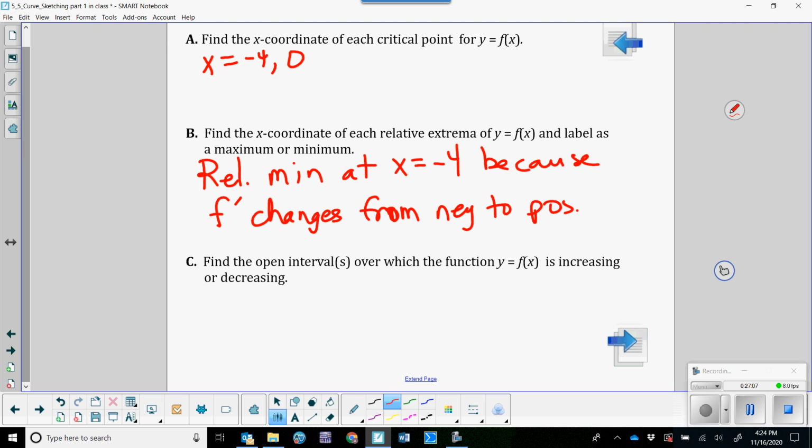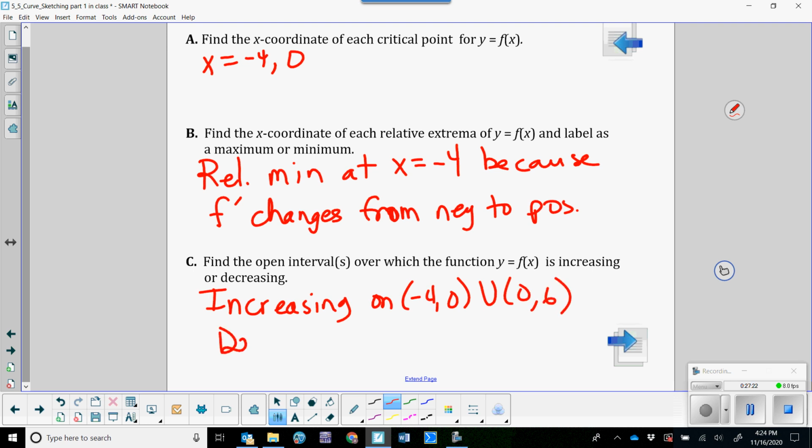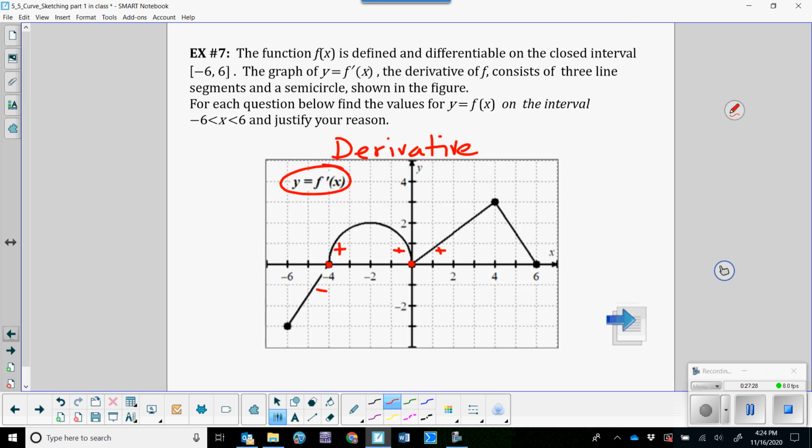So we want to say it is increasing on -4 to 0, union 0 to 6, and decreasing, if we look back at the graph, from -6 to -4.